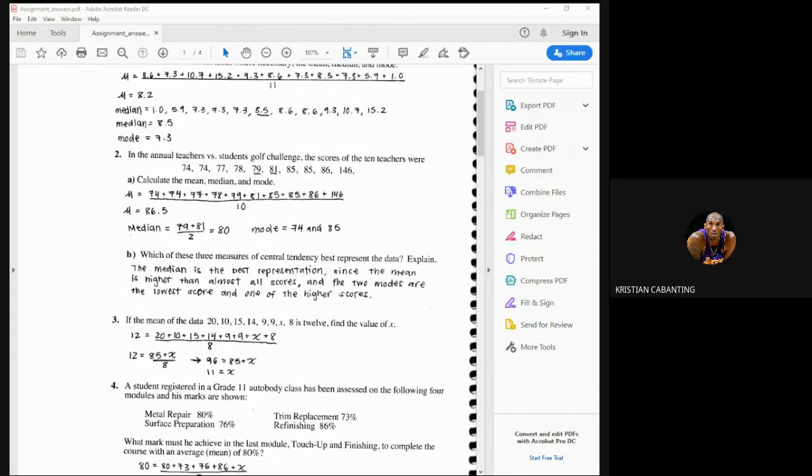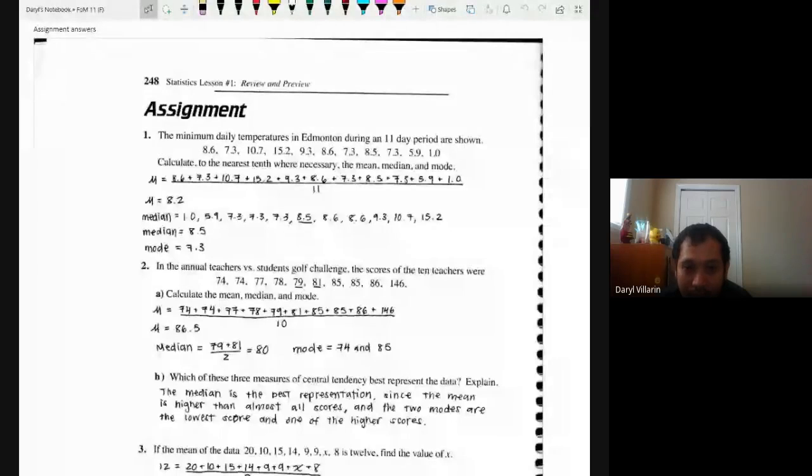I think it might be the PDF file. Oh, PDF file. Yeah, I want to present that one for a while. Are you seeing the OneNote file?